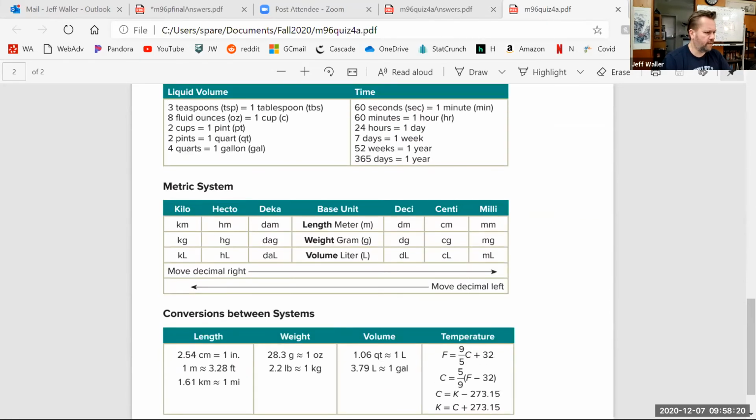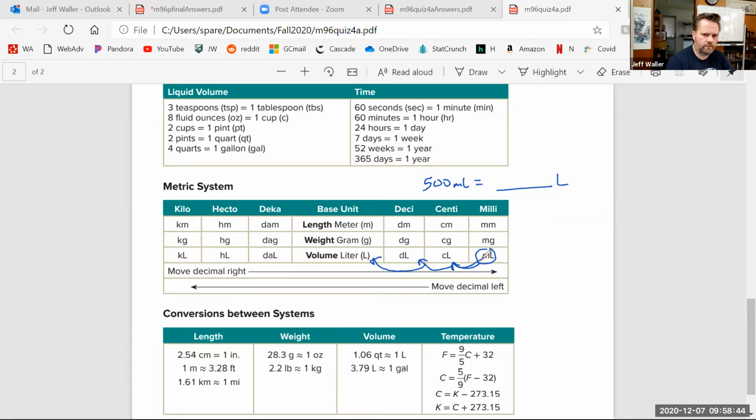So real quick example, if I had 500 milliliters, do you guys remember how to change that into liters? You move the invisible decimal.